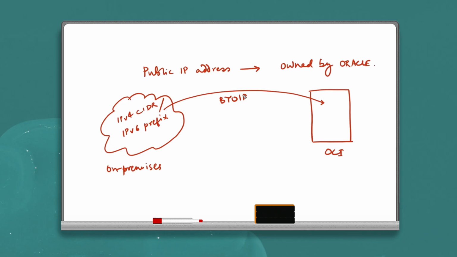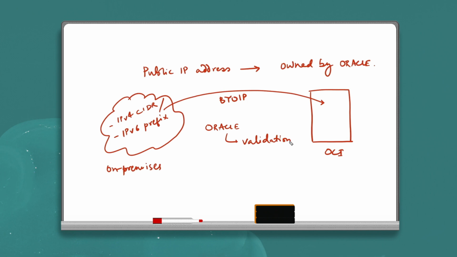So what is the process of bringing your own IP to Oracle Cloud Infrastructure? I will describe the process in detail, but at a very high level, when you specify to Oracle that I need these CIDR blocks or these prefixes to be brought to OCI, Oracle is going to perform a validation. And what is the validation all about?